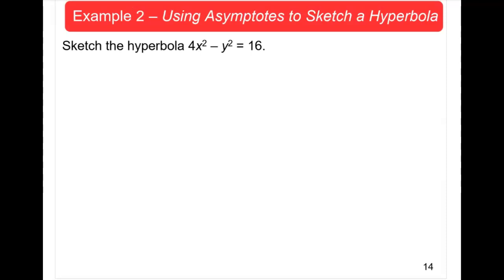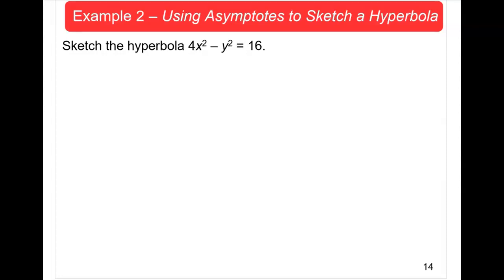Example 2. We are going to use the asymptotes to sketch the hyperbola. So the first thing is to transform the equation that we have here into standard form. Remember that we want to have a 1 on the right side. So how can we get that?